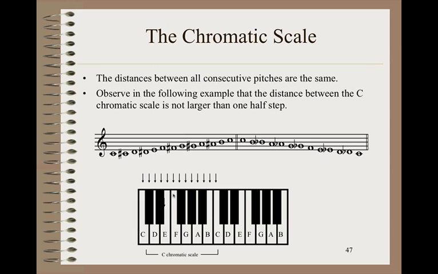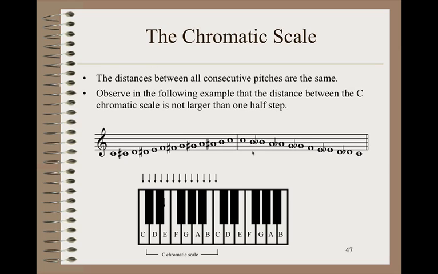So I have the E and I go directly to the F. Then the F sharp, then the G, G sharp, A, A sharp, B, and then I'm back to C. And again, notice I don't have a B sharp, I have a B going to the C.